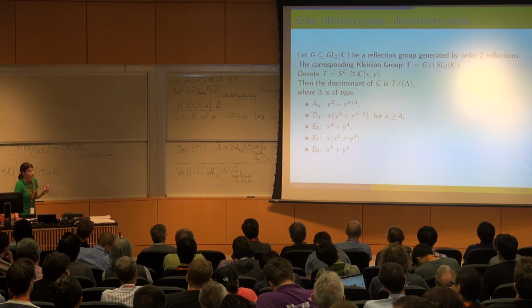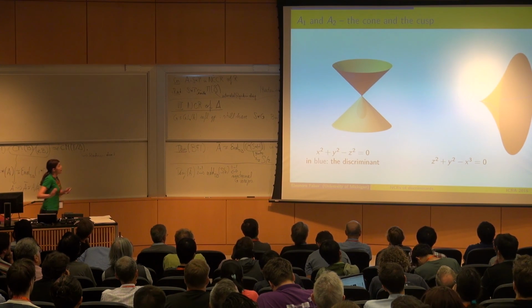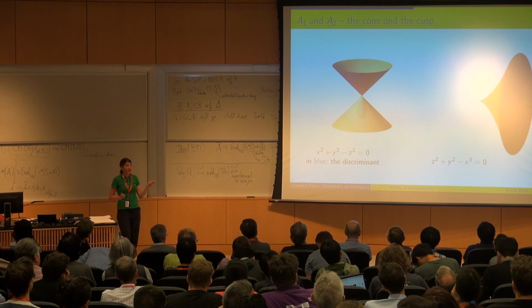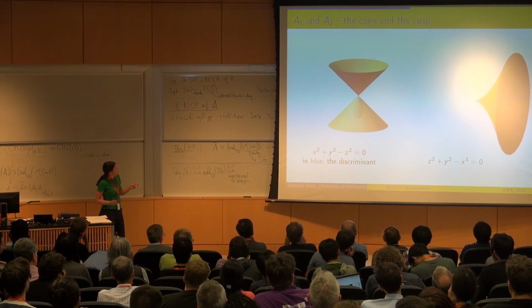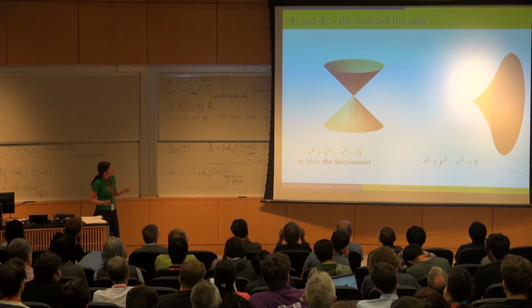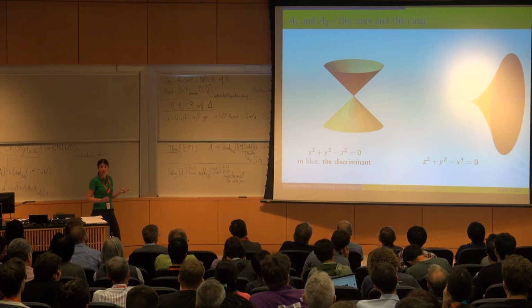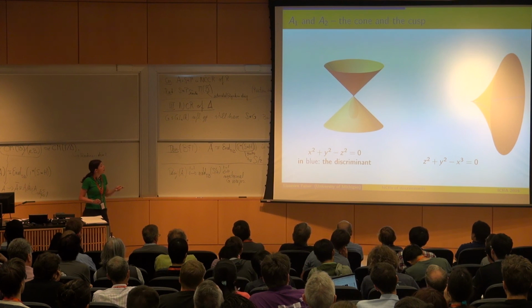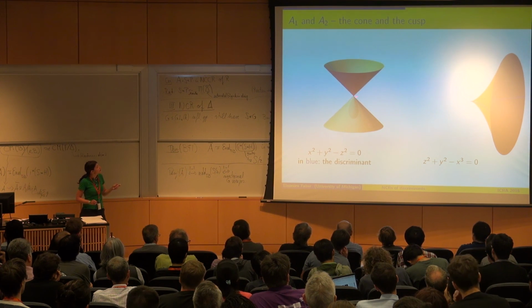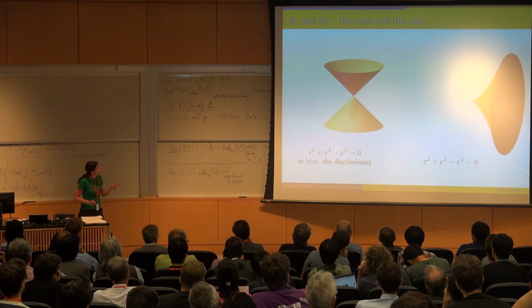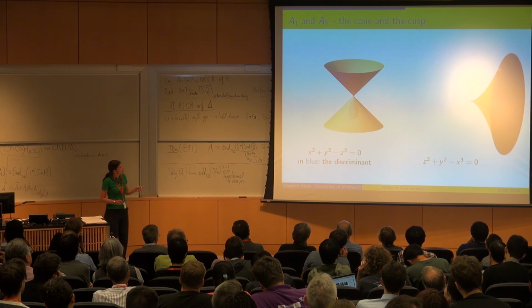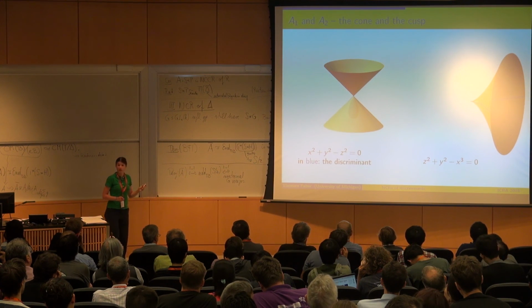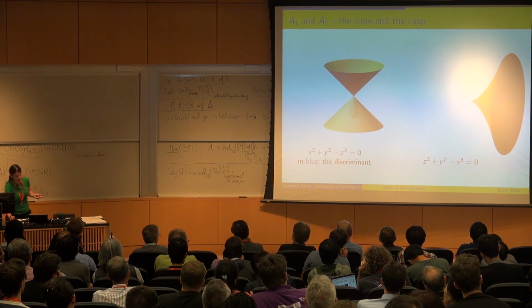Here are some pictures. These are the first two, A1 and A2. The discriminants are always in blue. In A1 the Kleinian singularity is the cone, and the discriminant curve, which you cannot see very well, is the normal crossing divisor we had before. In A2 you get the cusp, the discriminant of S3.